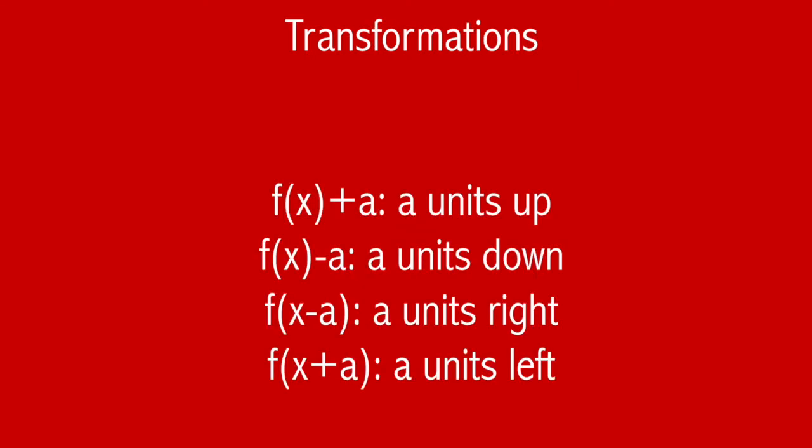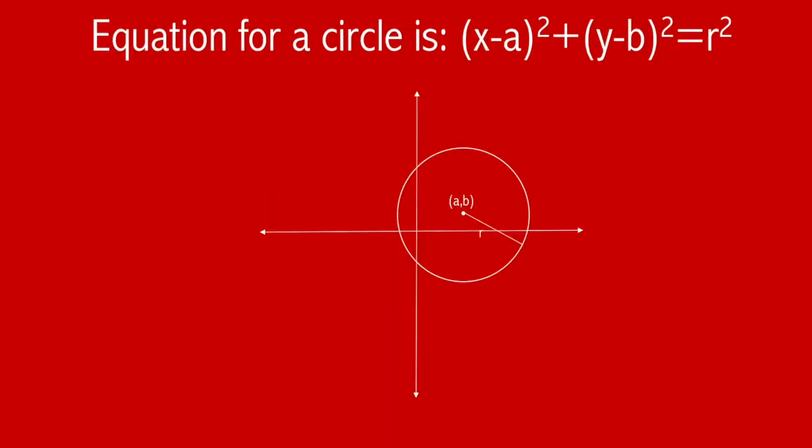Just that being said, I want you to remember that if the equation is in the form x minus 3 square plus y minus 4 square is equal to r square, that means the center is 3, 4. But if it is x plus 3 the whole square plus y minus 4 the whole square, the fact that it is plus 3 means that the center of the circle is then minus 3, 4, right?